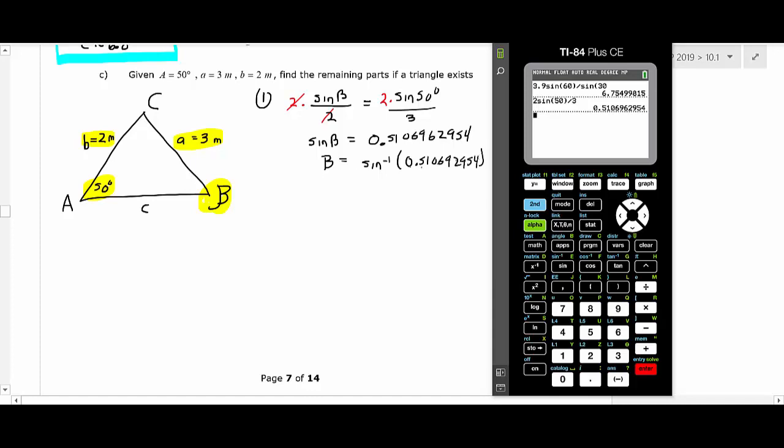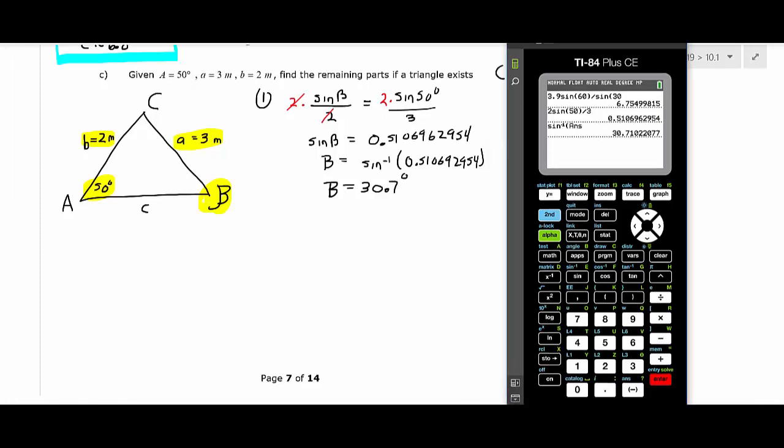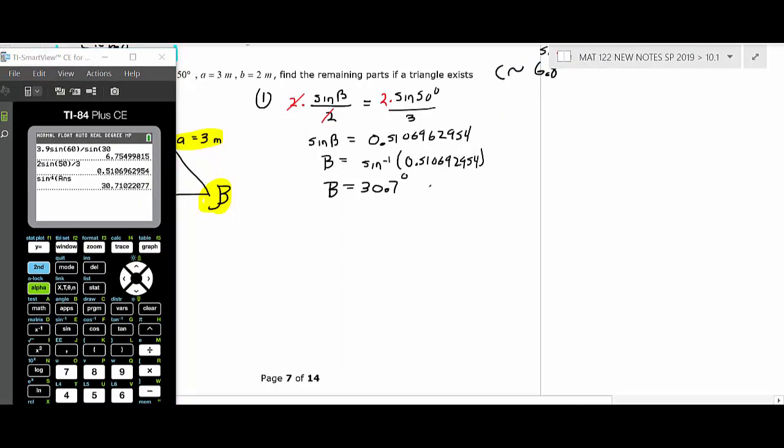You don't necessarily have to write all this out when you're doing your homework, because you can do this all on the calculator anyway. I'm going to go inverse sine, use the ANS key, and that'll give me an angle. What we get is 30.7 degrees. However, there's another possibility.